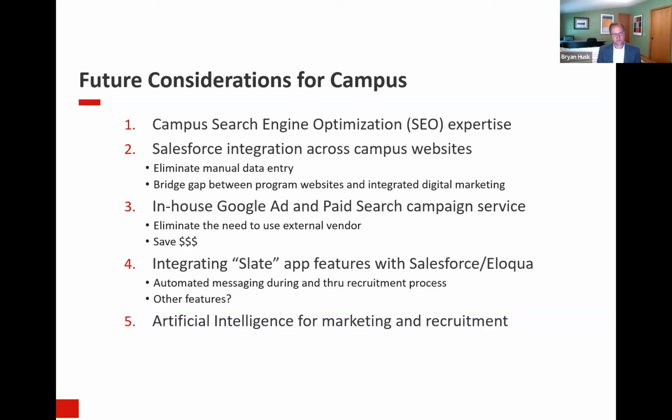I've already talked about Salesforce and I've already talked about Google Ads. I think it'll be interesting to see the next third-party product for the application system at the graduate school, what the features are in that product, and how they can be integrated with our digital marketing tools like Salesforce and Eloqua.